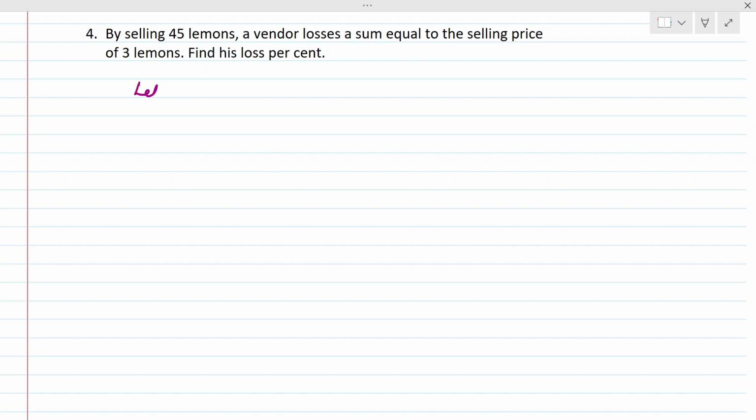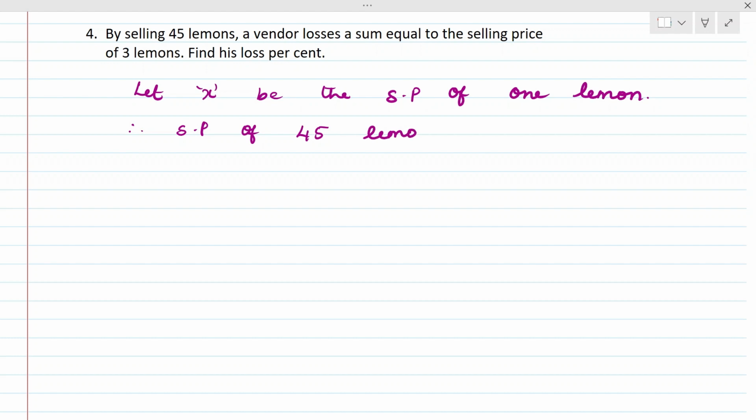Here we will keep x as the selling price of 1 lemon. How many lemons are there? 45 lemons. So the SP of 45 lemons is equal to rupees 45x. 1 lemon is x rupees, so 45 lemons are 45x rupees.